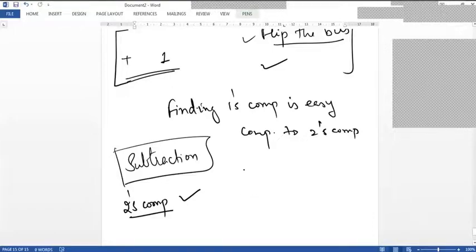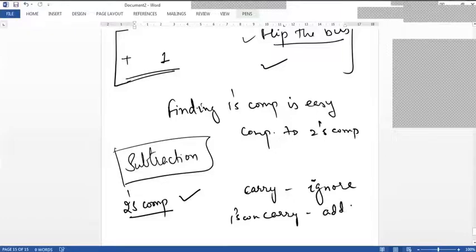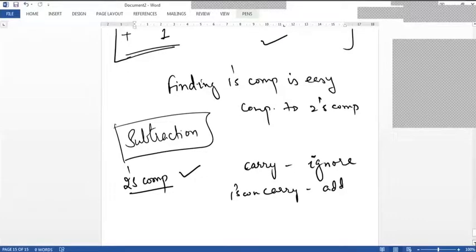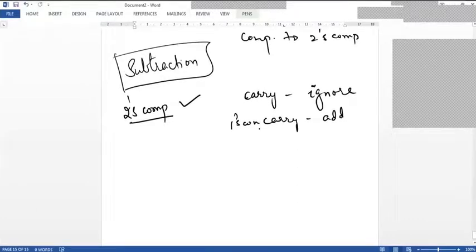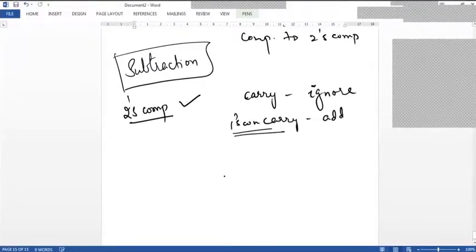So what he is saying is that in two's complement, if I get a carry, I simply have to ignore it. But in one's complement, if I get a carry, I have to again add it. So two's complement requires one arithmetic addition, whereas one's complement requires two arithmetic additions.